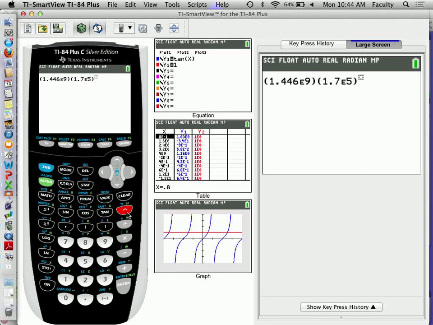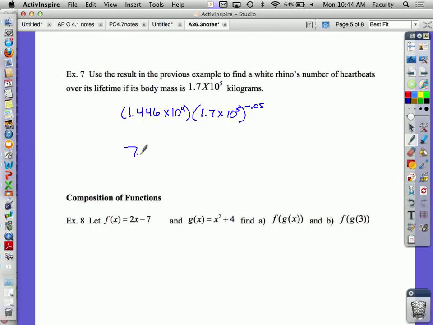Okay, that's one above the divided by, caret, negative 0.05 power. So this is about 7.92 times 10 to the 8th heartbeats. Again, do not ever write on your homework, a quiz, or a test the E or EE button.